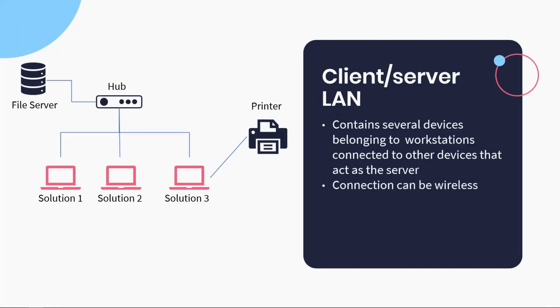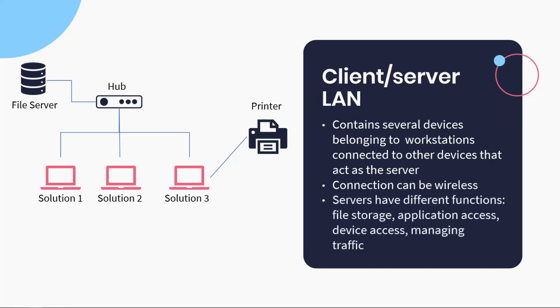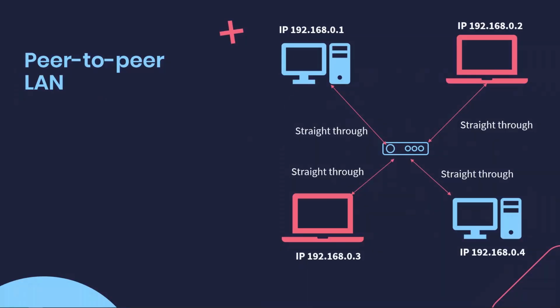The connection between the client and the server can be wired or wireless, depending on the user's preference. Servers have many different functions such as file storage, application access, device access, and even managing the traffic of the network in the LAN.